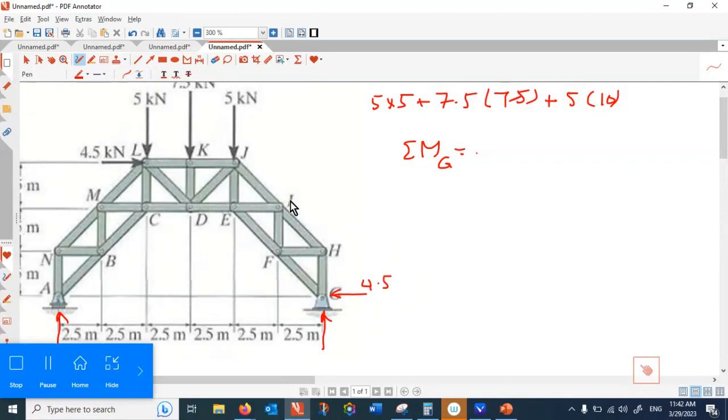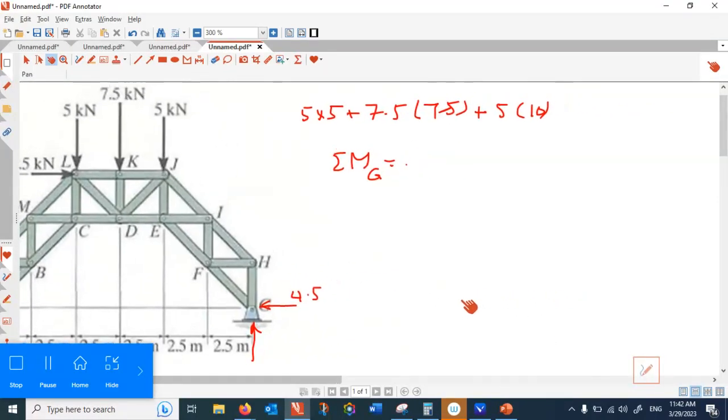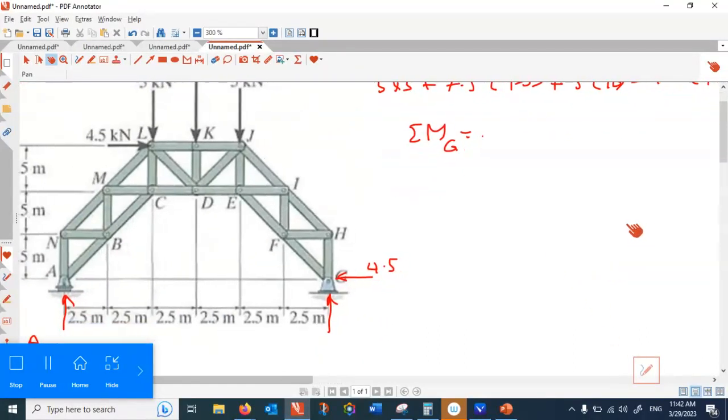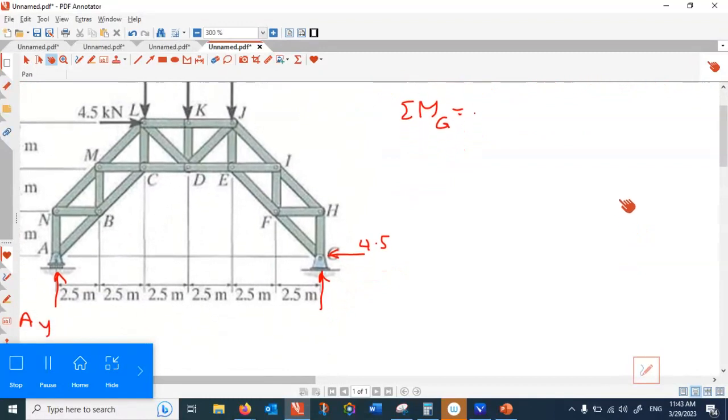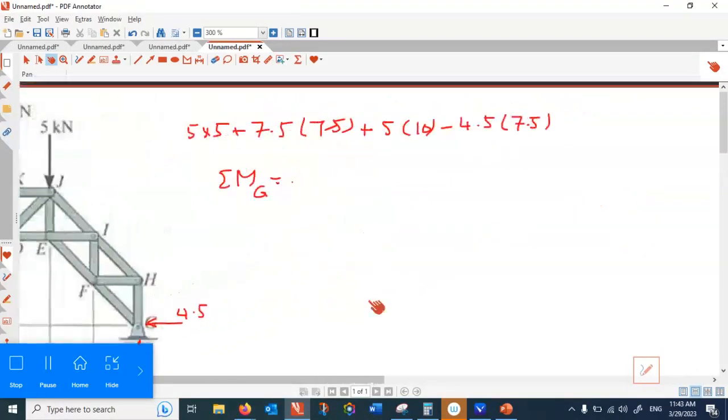And 4.5 makes a negative rotation. Arm of rotation is 7.5. And finally, you have one negative rotation, AY times 15.